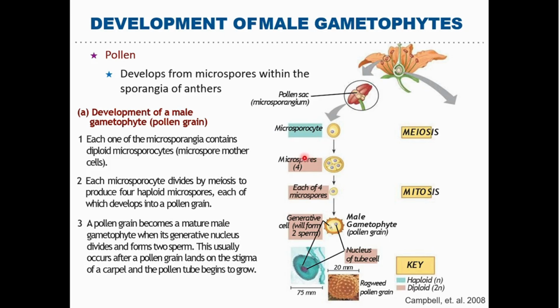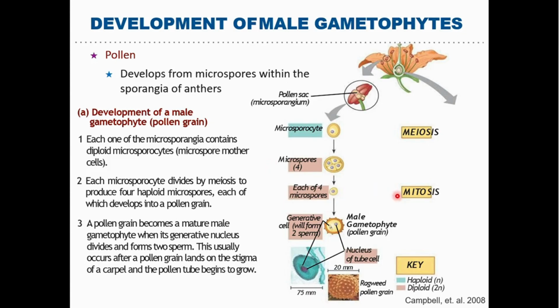In the development of the male gametophyte, or the pollen grain, each microsporangium contains a diploid microsporocyte, the microspore mother cell. Each microsporocyte divides by meiosis to produce 4 haploid microspores, each of which develops into a pollen grain.